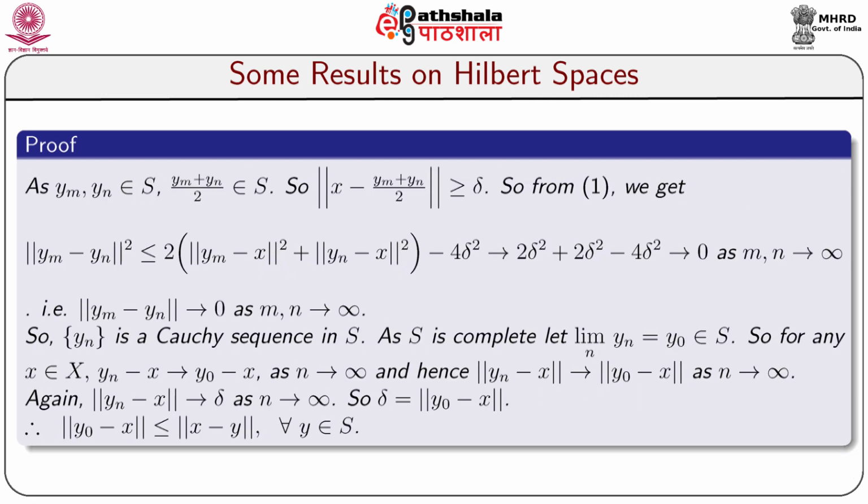As ym, yn belonging to capital S, ym plus yn by 2 belongs to capital S as S is convex. So, norm of x minus ym plus yn by 2 is greater or equal to delta.